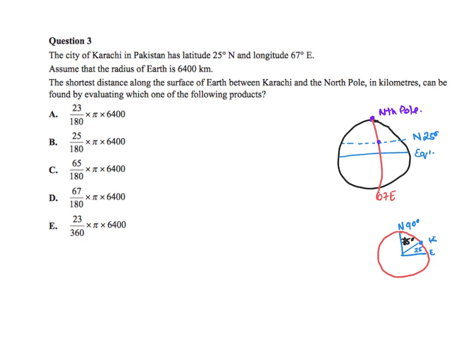If we go to find the distance, remember the formula: the distance is pi times the radius times the angle, which was 65 over 180. That is written out here: 65 over 180 times pi, and there you go.